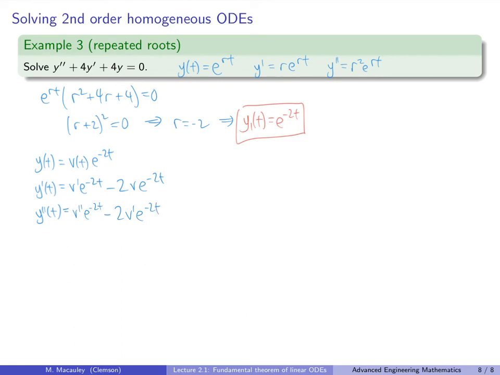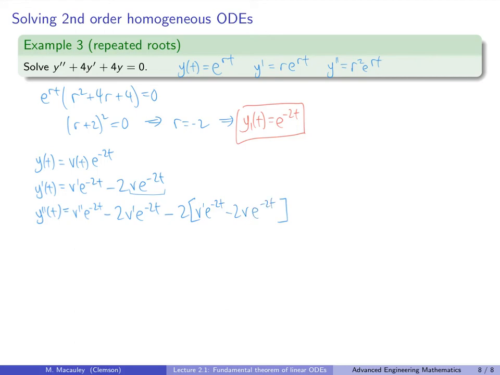And then the second one, it's minus 2 times, put some brackets here. This bracket is the derivative of this guy, v e to the minus 2t. Well, that's what this is up here. That's y. So all we need is the derivative of y, which is y prime. So I'm going to copy and paste this whole creature right in here. So I get v prime e to the minus 2t minus 2v e to the minus 2t.